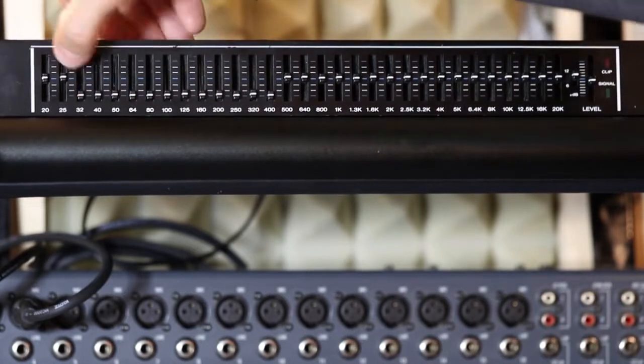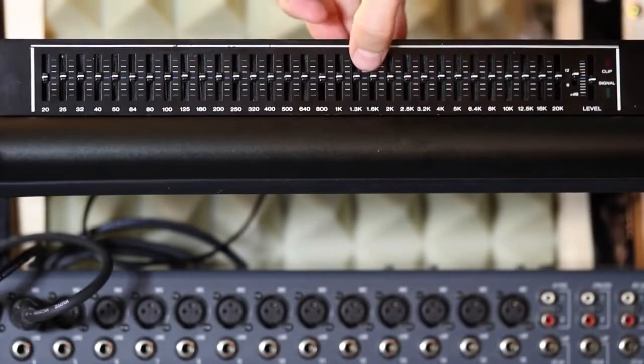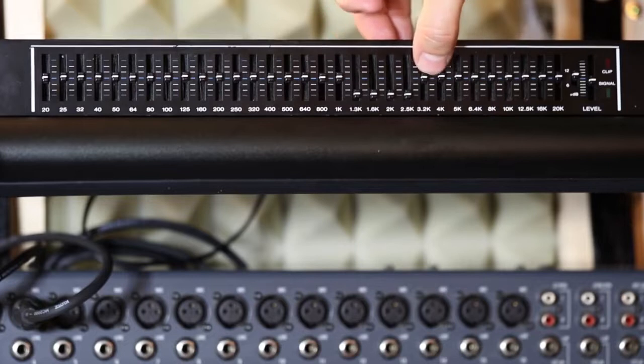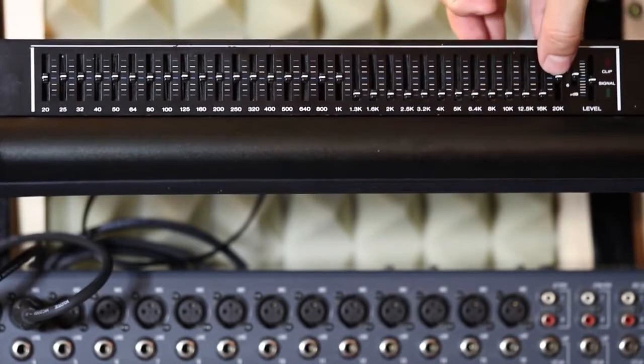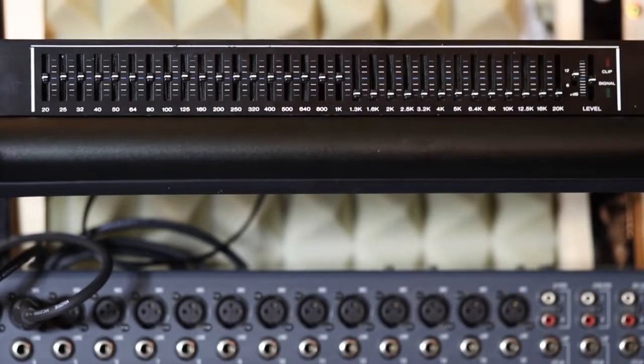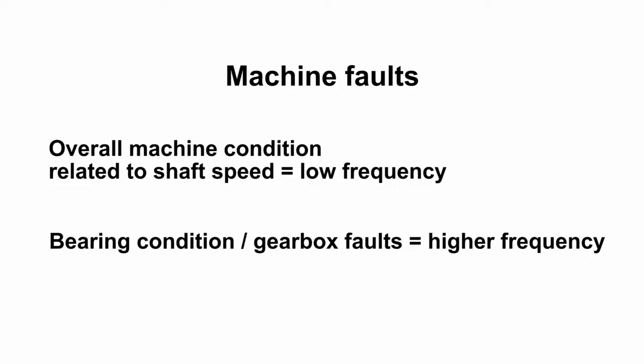Why are we still talking about speakers? Because it is very similar to the vibrations on the machine. On the machine, we also want to separate these bass and treble noises, but here we are talking about separating machine faults, such as overall machine condition related to shaft speed, low frequency, and bearing or gearbox faults, higher frequency.